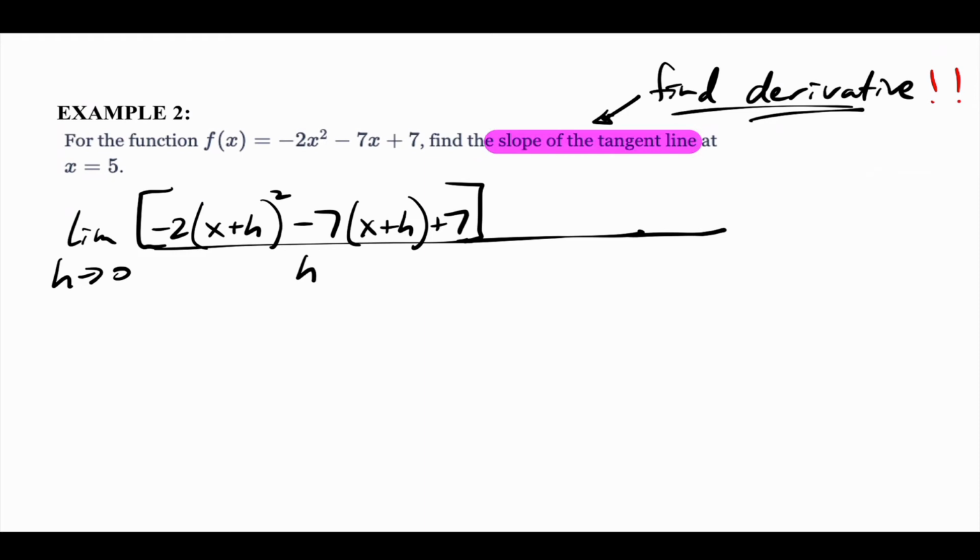Then I had a minus, right? And then the next part was the original function, right? I always use parentheses or brackets, especially if it's got more than one term. This guy has 3 terms, so I use them, because it's minus the whole thing. It's not just minus the first term, it's minus the whole entire thing. So I got to distribute the negative right here.